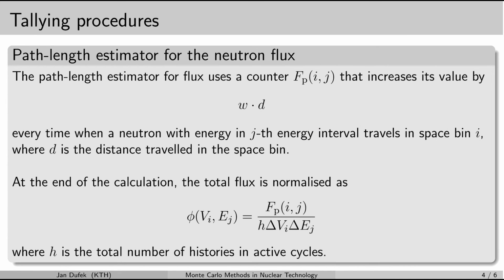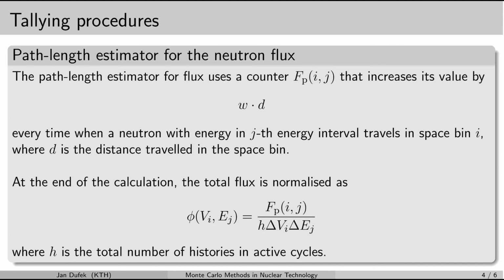Let's have a look also at the second estimator, the path length estimator for the neutron flux. I'm denoting the counter for this estimator as Fp, and again we have different counters for different spatial zones and for different energy bins.